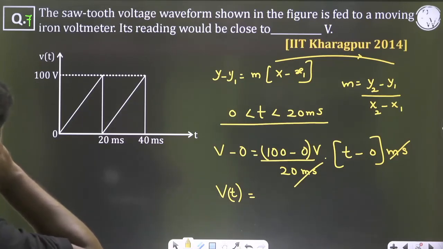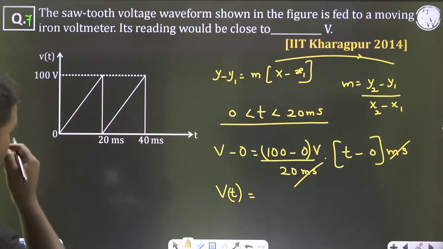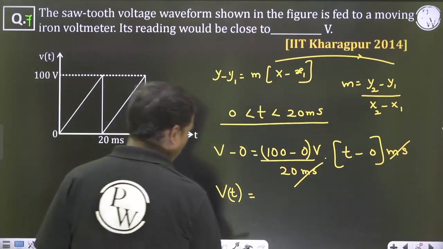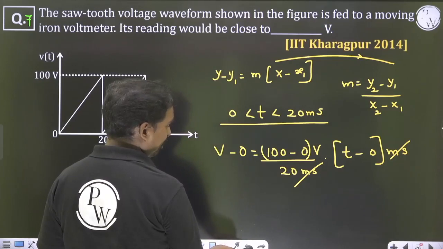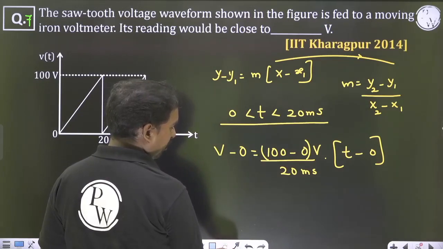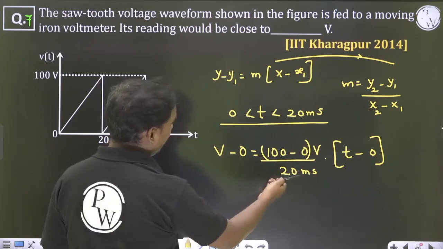Sorry, sir, these milliseconds cannot be cancelled, right? This is volt per millisecond, because here this is 20 milliseconds.